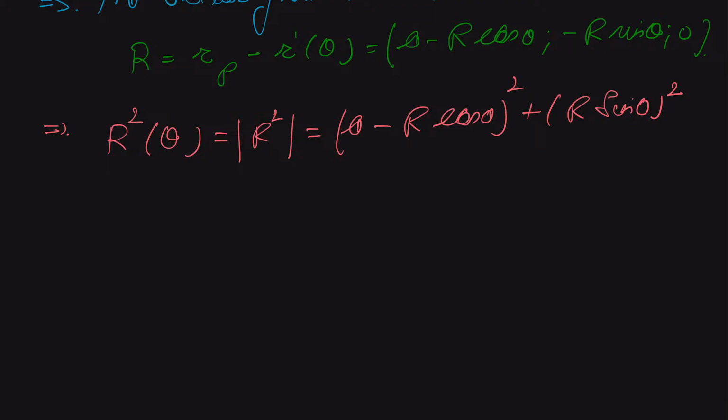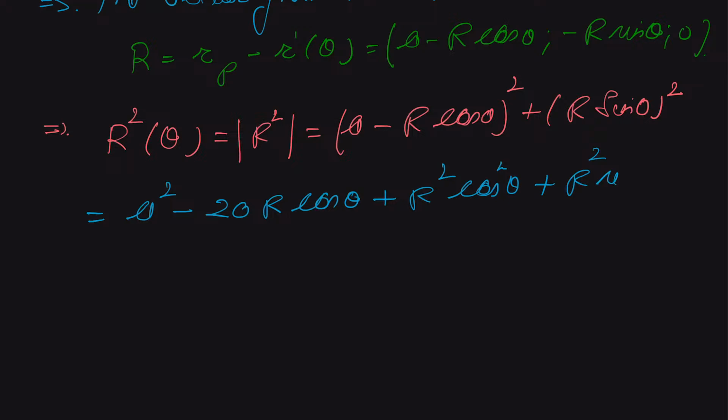If you open the bracket we get A square minus 2AR cos theta plus R square cos square theta plus R square sin square theta. We can take R square as common, so this will be cos square plus sin square, which will be equal to R square.